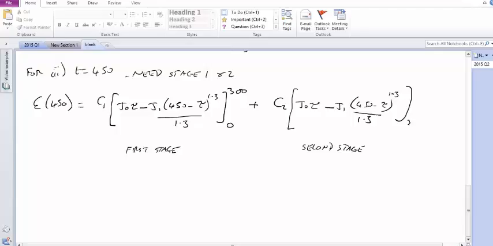started at 300, it goes on to 600, but that's more than our time of interest. We haven't got there yet. So as with the first one where we were doing 150 seconds, the limit here now is 450.